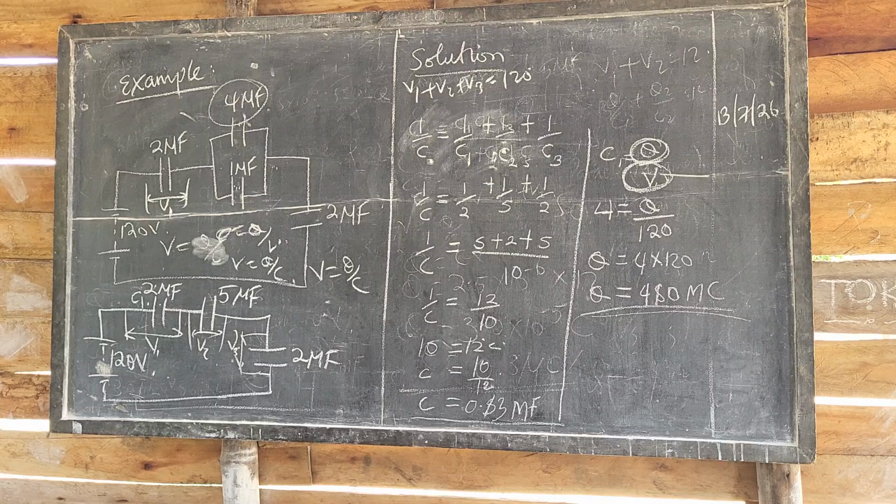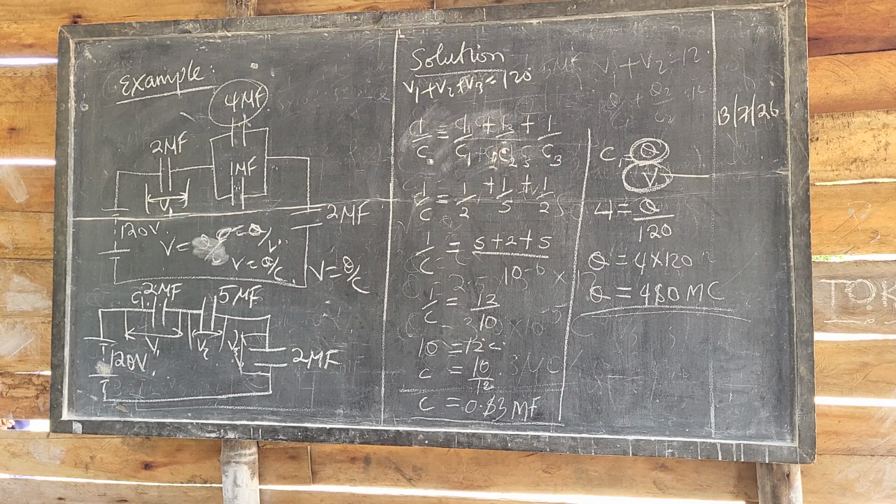I said this is V1 plus V2 plus V3 equals the total PD that was supplied. Then, what is V in terms of Q? It is this. But because of the fact that the capacitors are in series, the charge is the same.